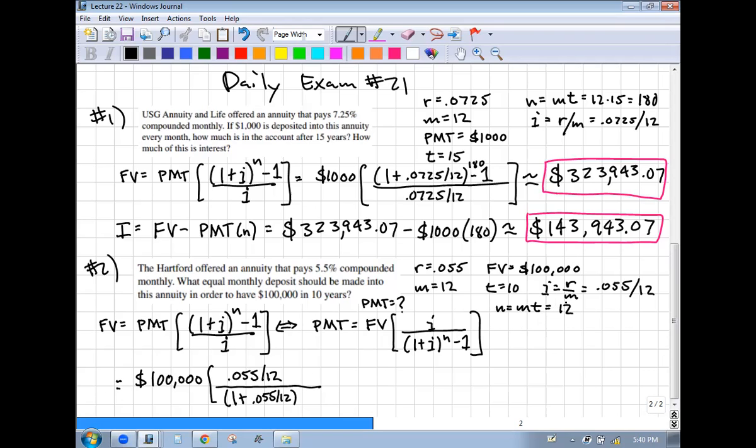M is 12 months a year times 10 years, which is 120 total periods. So we have the 120th power, and then we need to subtract 1.